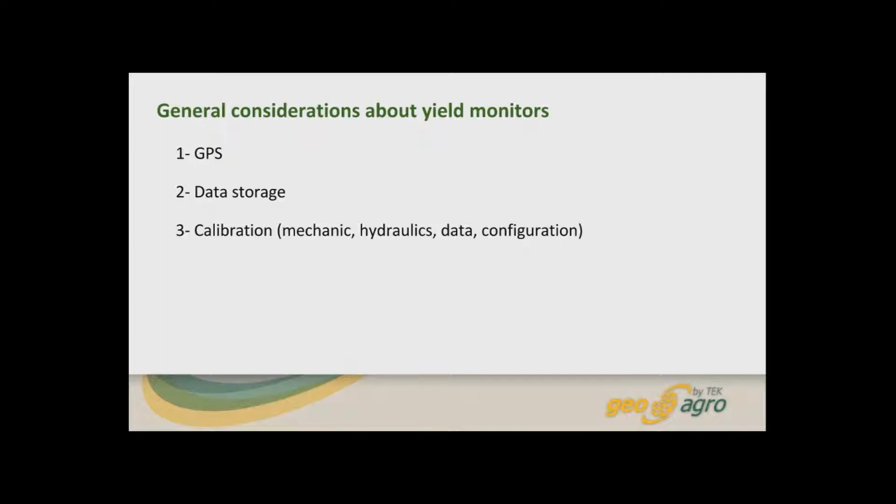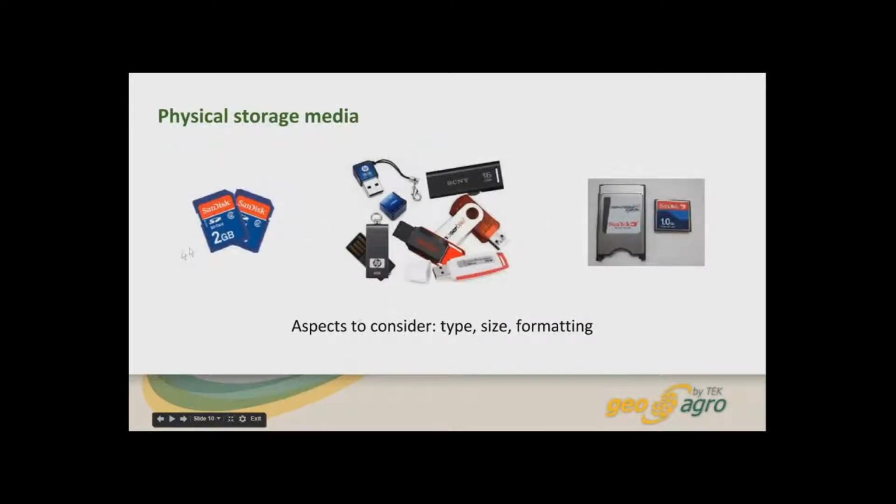Mechanics, hydraulics, data configuration, it all comes in the user manual, depending on the harvester. Data media: you will have different devices, USB devices, maybe a card, different types of cards, older, newer. I'm not mentioning wireless communication because that's coming.